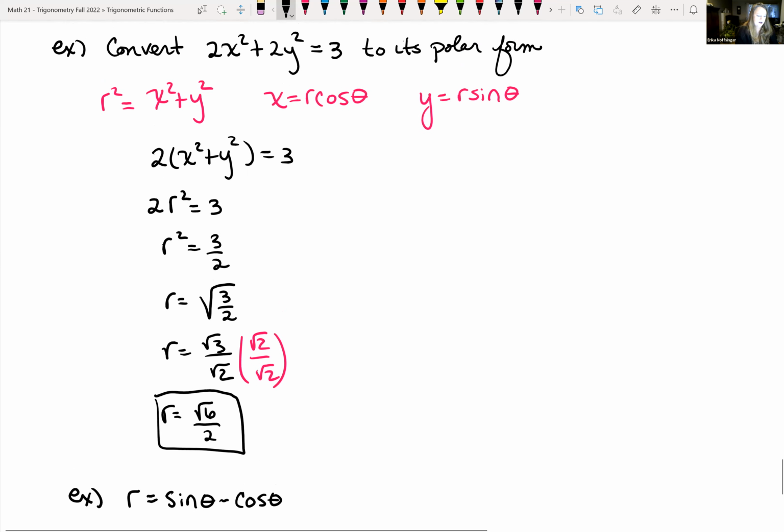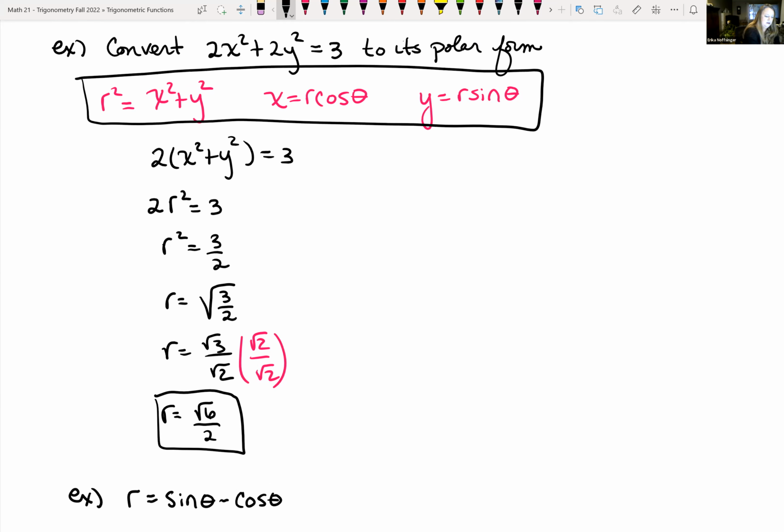Notice in the equations that we put up here that r squared is equal to x squared plus y squared, and x is equal to r cosine theta, y is equal to r sine theta. So it would make our life easier if we just multiply both sides of our equation by r.